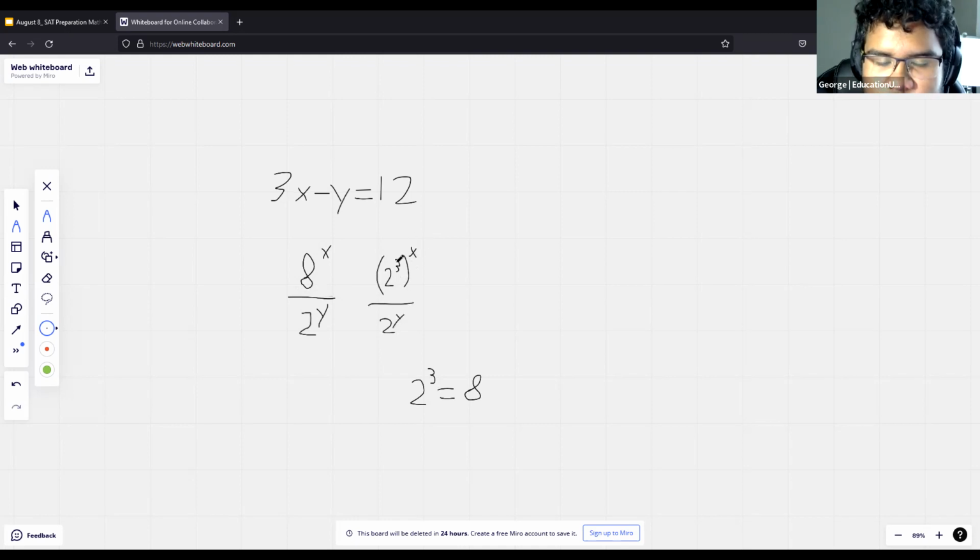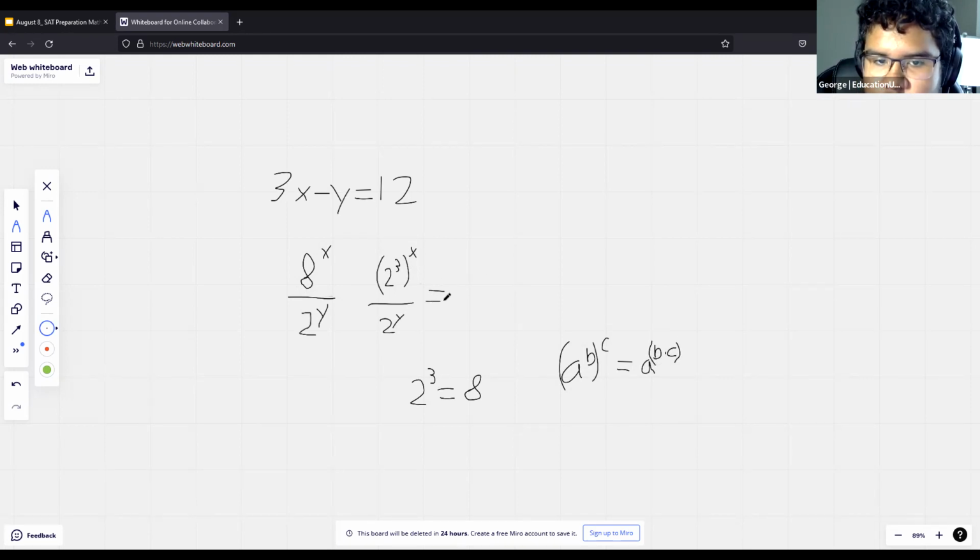Now, this can be simplified by just combining the two exponents together, because if you have any value a raised to a power of b and all of that raised to the power of c, then this is basically equivalent to a to the power of b times c, all in one exponent. So that's what you can do here.